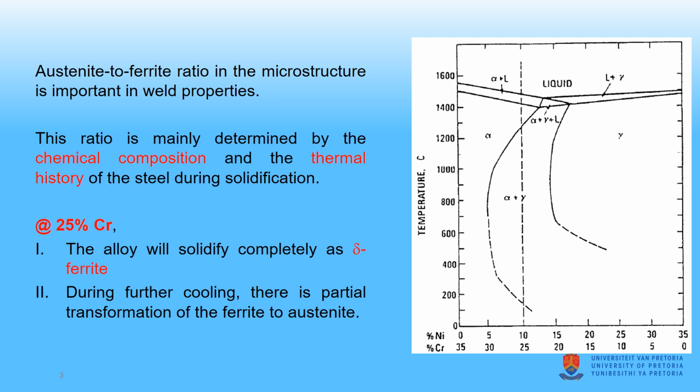The solidification behavior of duplex stainless steels can be approximated from the pseudo-binary phase diagram shown in this figure. At 25% chromium, which is indicated by the broken line, the alloy will solidify completely as delta ferrite. During further cooling to room temperature, there is a partial transformation of the ferrite to austenite.